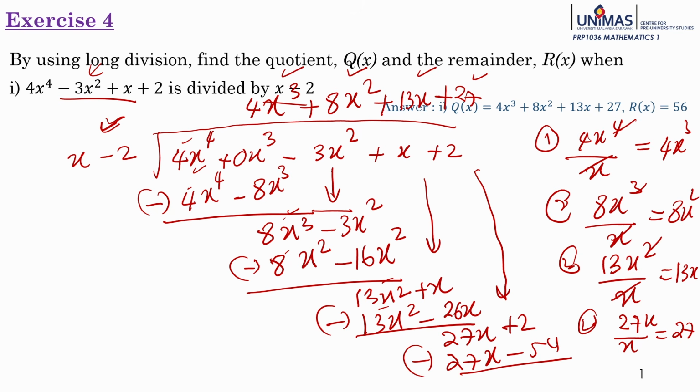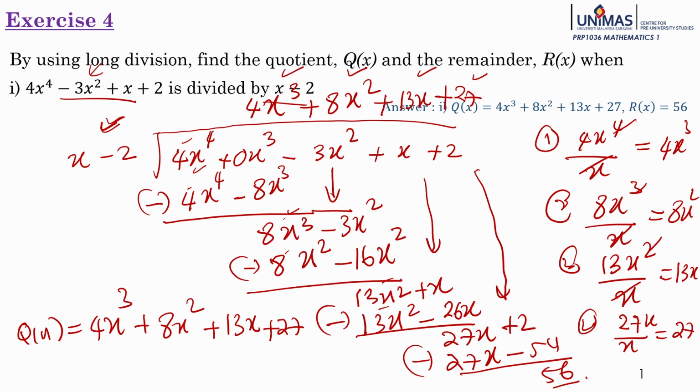So 2 minus negative 54, we get 56. So that means our Q(x) is 4x cubed plus 8x squared plus 13x plus 27. So we will refer to this one. And then for R(x), the remainder is 56 here.